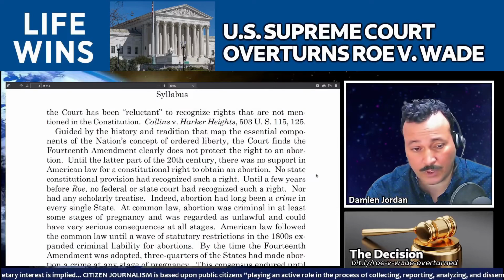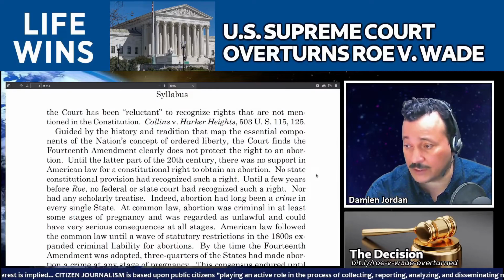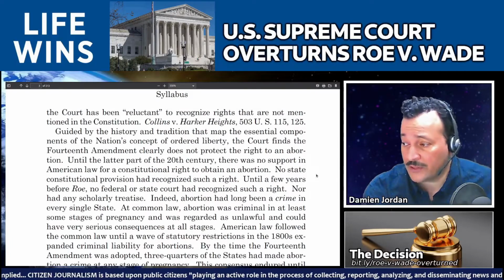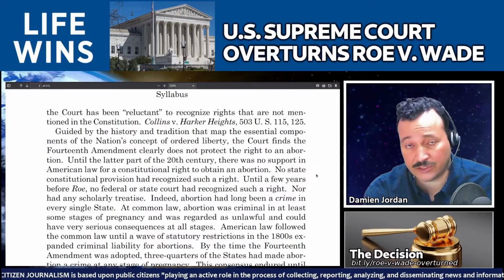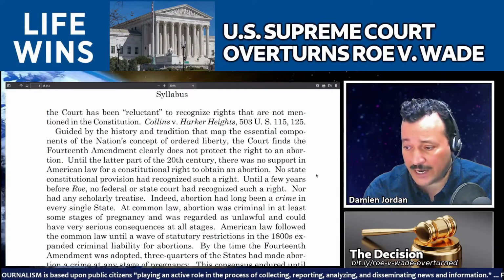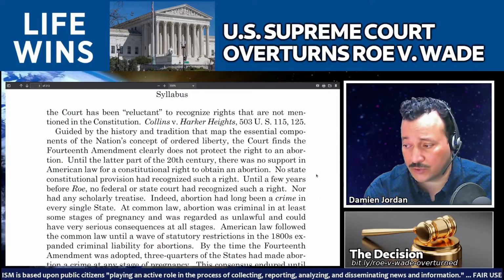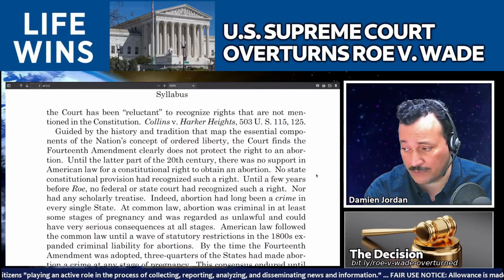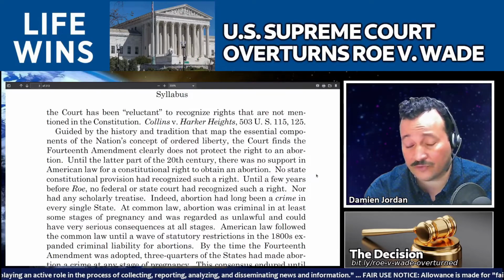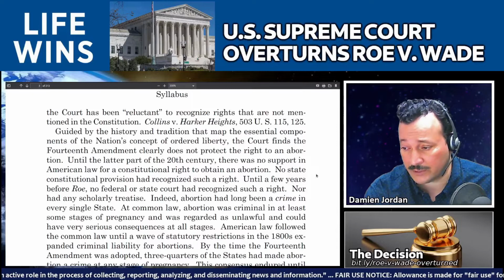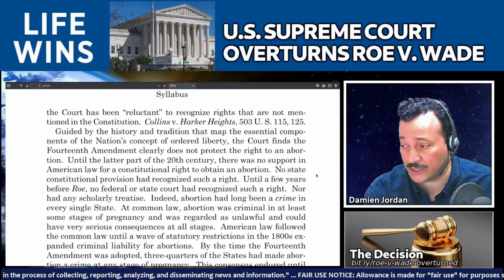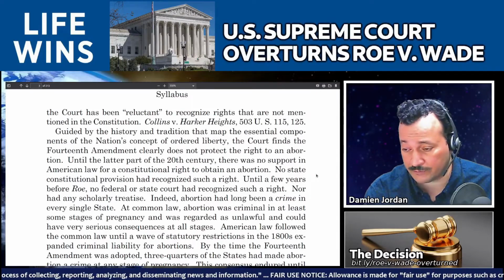For this reason, the court has been reluctant to recognize rights that are not mentioned in the Constitution. Guided by the history and tradition that map the essential components of the nation's concept of ordered liberty, the court finds the 14th Amendment clearly does not protect the right to an abortion.